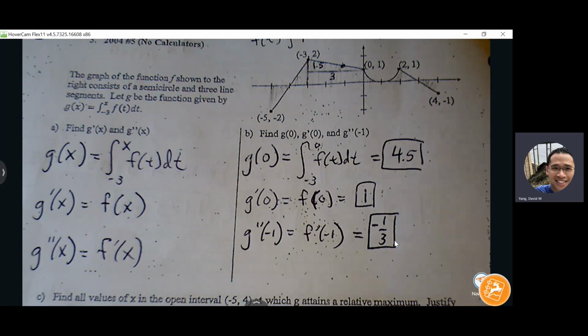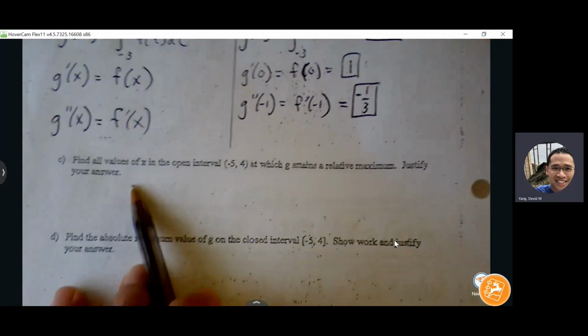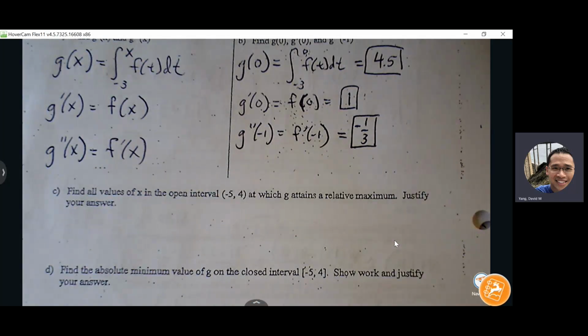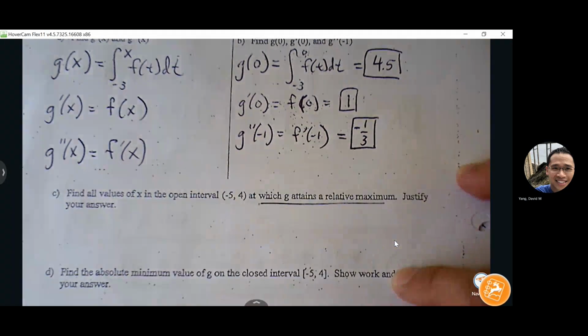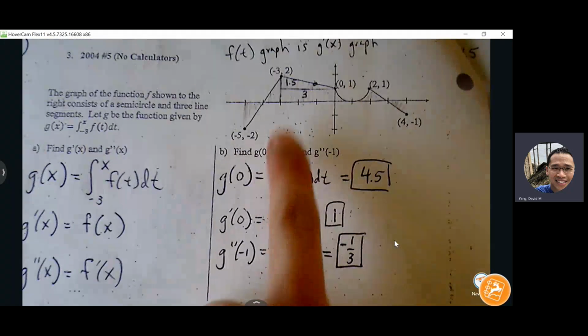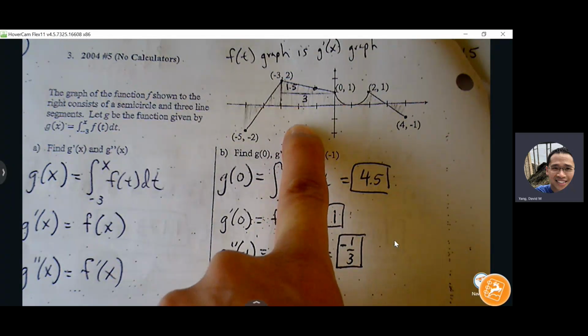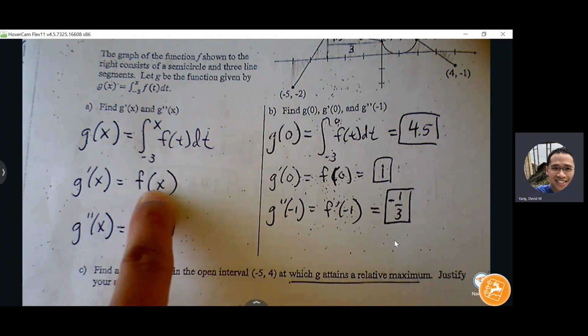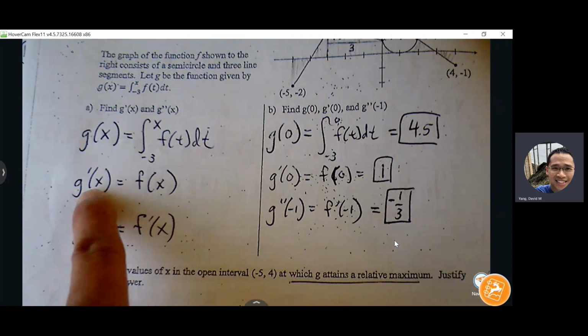Okay, so part C: find the values of x in the open interval from -5 to 4 at which g attains a relative max. So we don't have the g graph in front of us, but we do have the g prime graph in front of us. Does that make sense? Because it says that this f graph in front of us is the g prime.